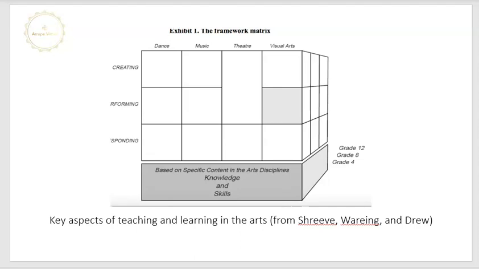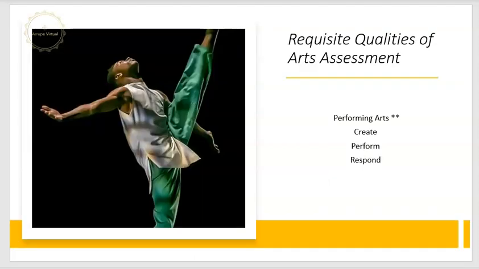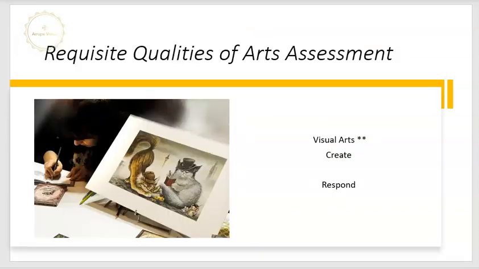Each discipline fits into the grand scheme of the framework, preserving the distinguishing characteristics of each medium. So you see the requisite qualities of arts assessment in the performing arts include creating, performing, and responding. And the requisite qualities of arts assessment in the visual arts include creating and responding.